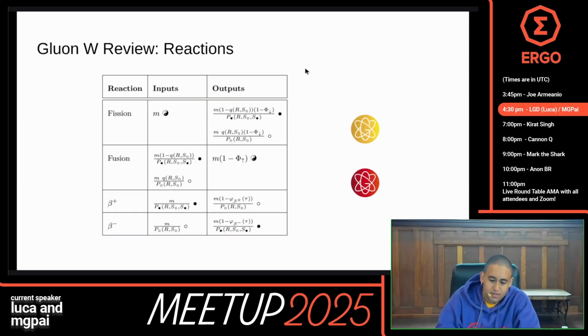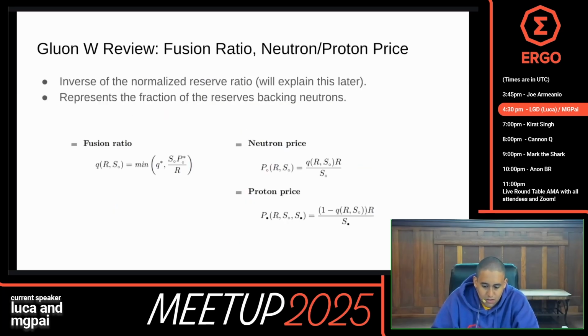So let's say you do a fission. You'll have stable coins and protons. If you just hold protons and the price of ERG goes up, then the price of your protons increases, so you can sell your protons and get more ERG from the reserve. I can explain why.